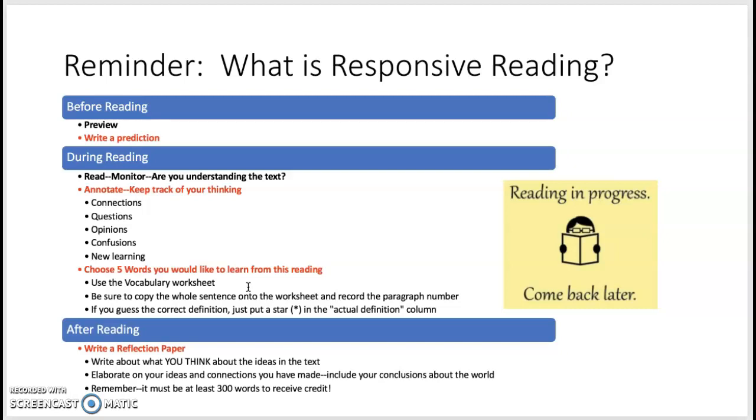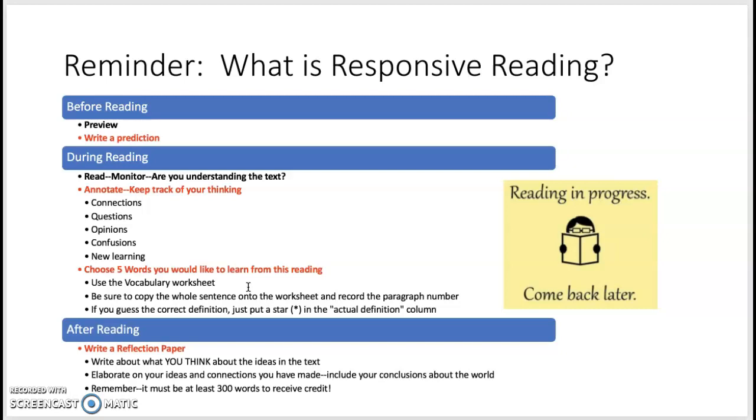Okay, so you're going to write at least 300 words in order to receive credit for this assignment. You have to write at least 300 words of a reflection paper that elaborates on your ideas and connections that you've made.